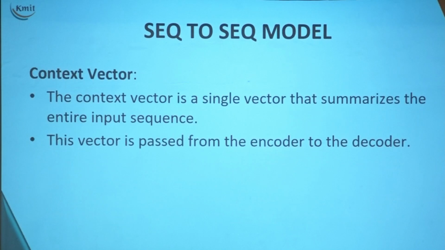Clear enough? Now, once you have done that, what does it extract for you? A context vector. So what does a context vector mean? It is a single vector which summarizes the entire sentence given at your input. Fair enough, right? And then this vector is passed from the encoder to the decoder.